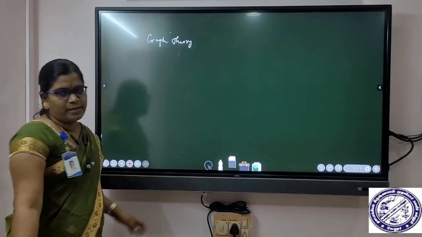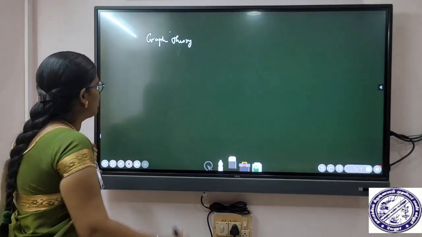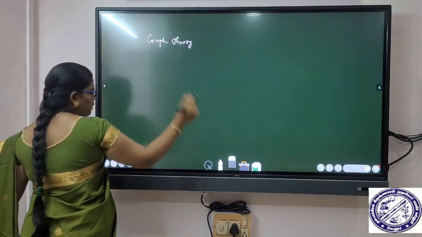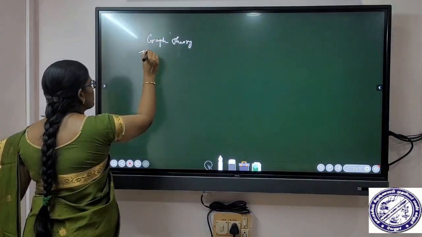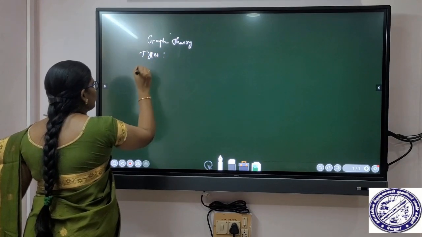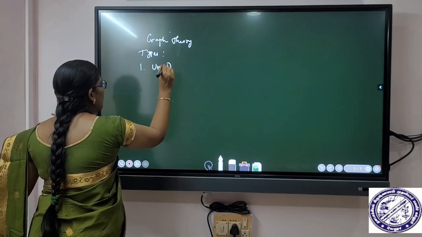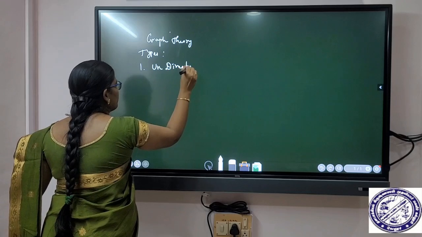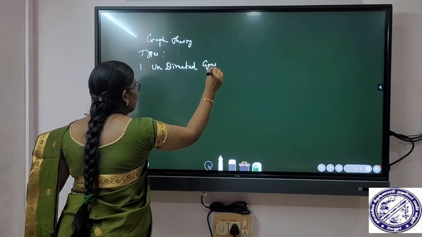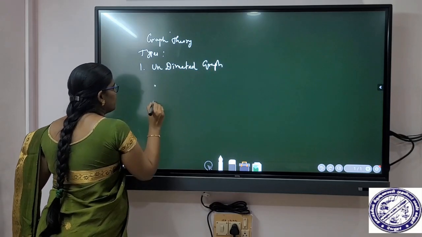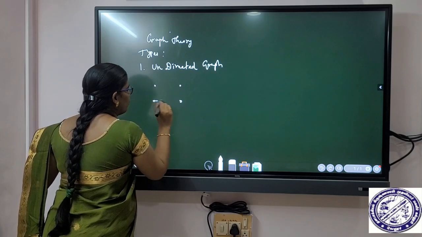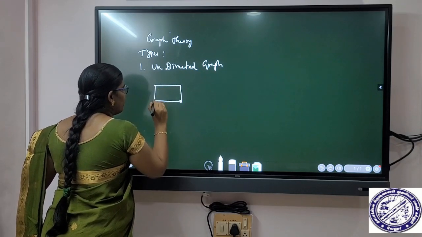Okay. Next we are going to see about the types of graphs. There are basically 3 types of graphs. One is undirected graph. This is one example for an undirected graph.